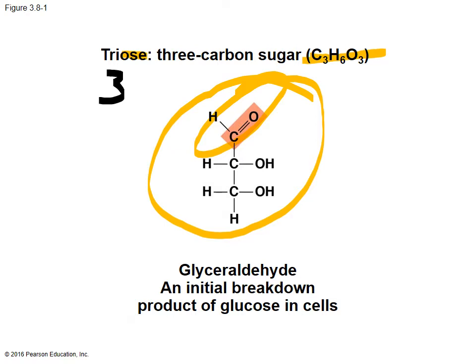Notice that the end of this word is aldehyde. That's because that is what this particular sugar is. So glyceraldehyde is an aldehyde, and the functional group belongs to the category of carbonyl molecules.